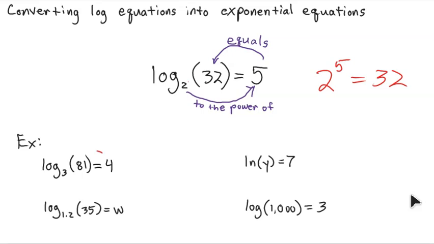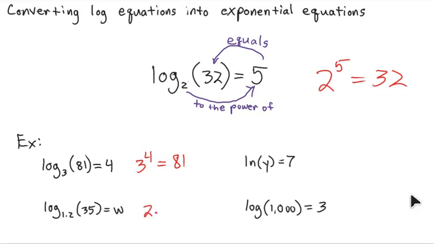Okay, so let's go ahead and convert this one here. We're going to do 3 to the power of 4 equals 81, which is a true statement. Okay, let's do this one now. We're going to do 1.2 to the power of w equals 35.